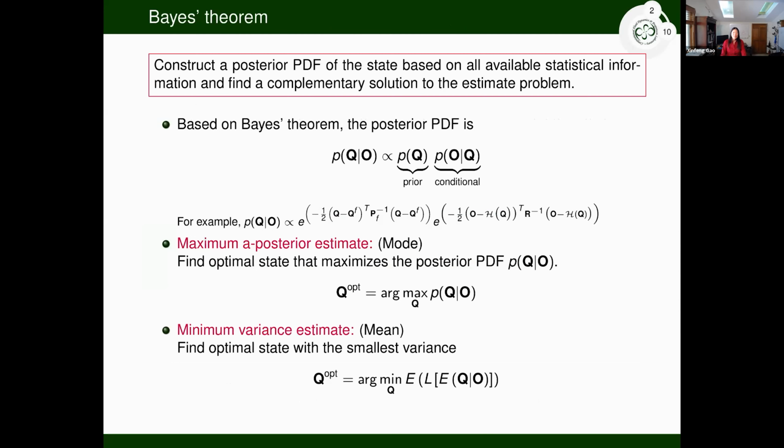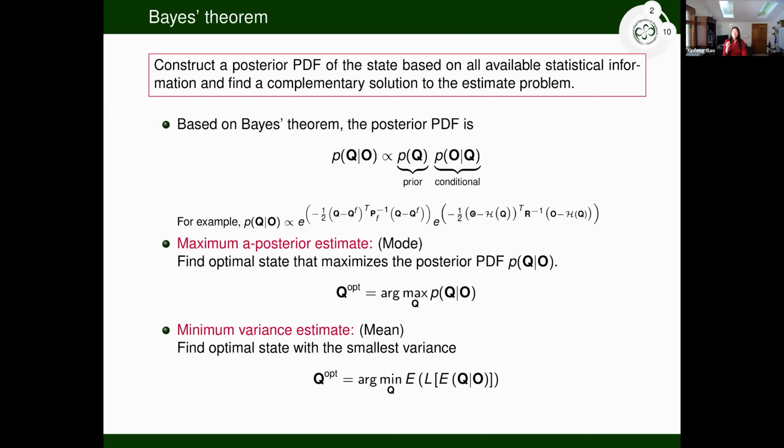Briefly, Bayes' theorem, as you all know, is to construct a posterior probability density function of the state based on all the information available so that we find a complementary solution to the estimation problem. Essentially, our goal is to find the posterior PDF based on the prior PDF and a conditional PDF.